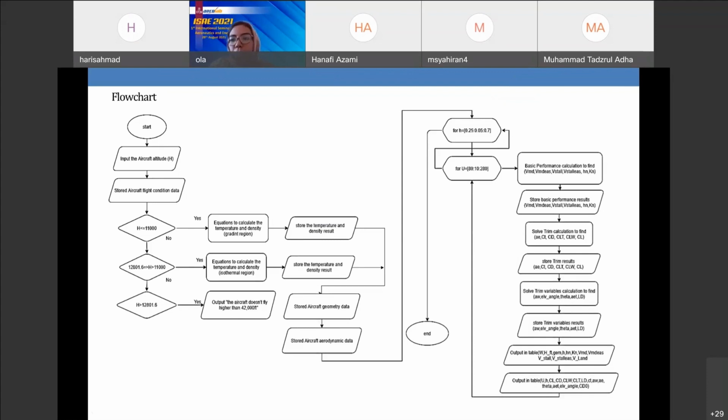We already have the geometric data stored and the aerodynamic data stored. We created two loops, one for the center of gravity and one for velocity. So it calculates the trim calculation at different velocity and different CG, and also the performance, as it's shown here.